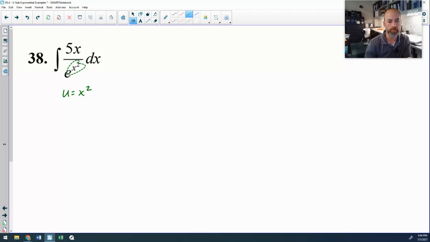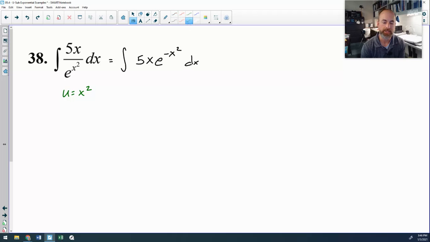However, I'm going to make one little change because I do not like my e being in the denominator. I would rather e to the stuff be in the numerator. So before I do any substitution, I'm going to bring that e to the numerator and make my problem 5x e to the negative x squared dx.